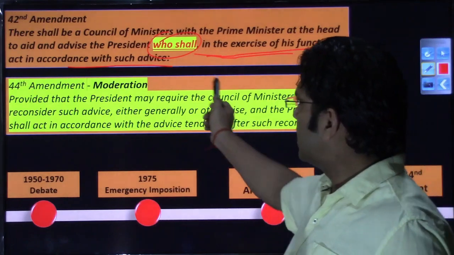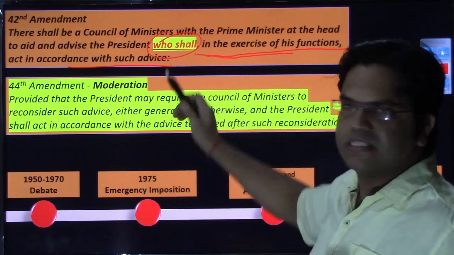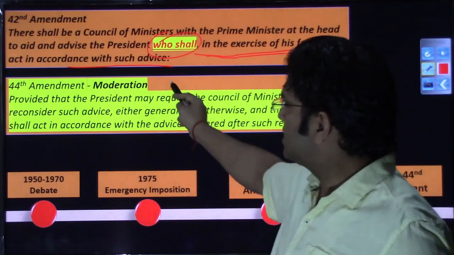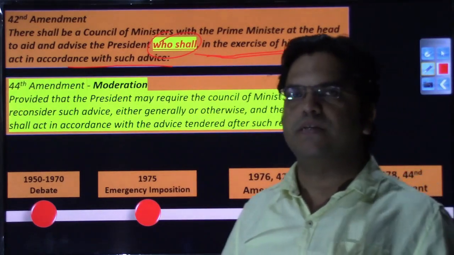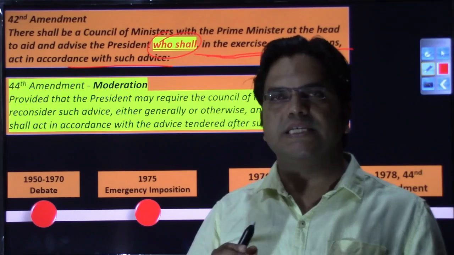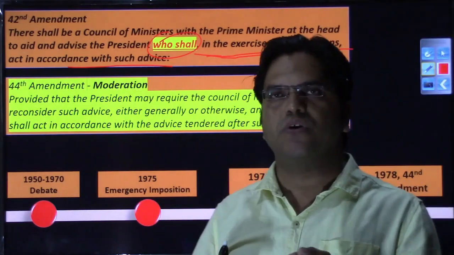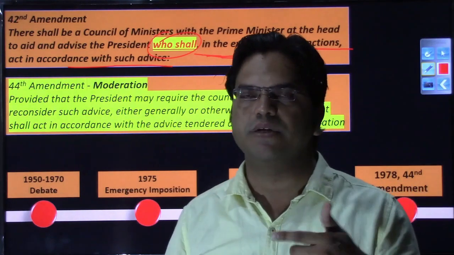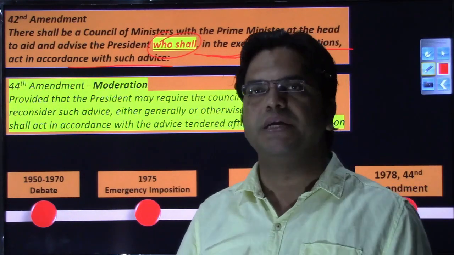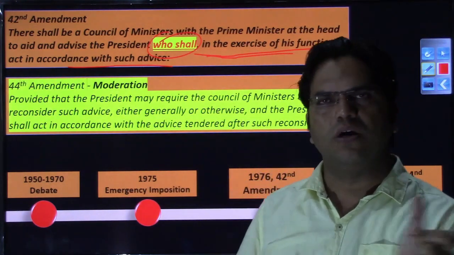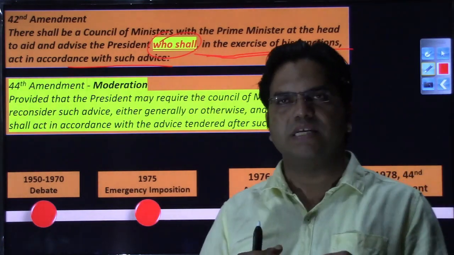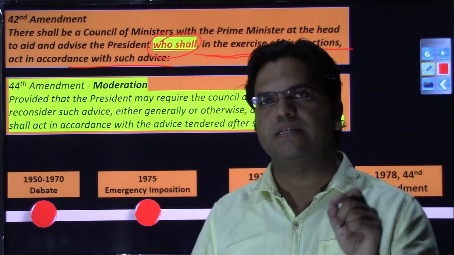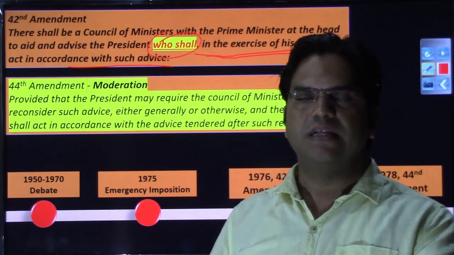What this amendment did was that yes, he is still bound by the advice of the Council of Ministers, but this amendment gave an option to the President that once the Council of Ministers has sent advice to you, and if you find that advice needs to be reconsidered because it is not in public interest or not in line with the Constitution, then you can send that advice back once to the Council of Ministers and suggest they reconsider it.